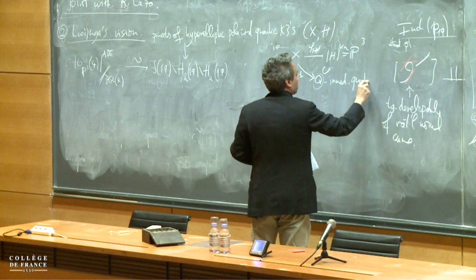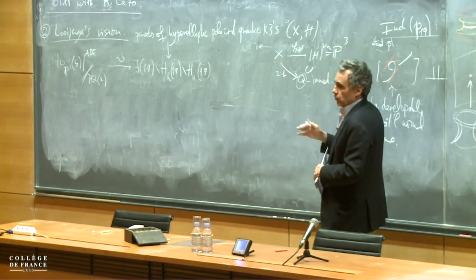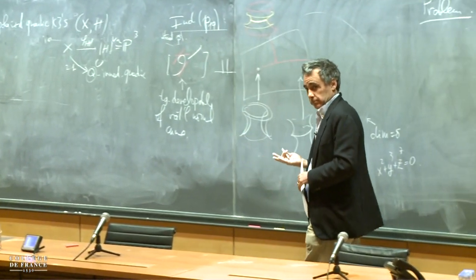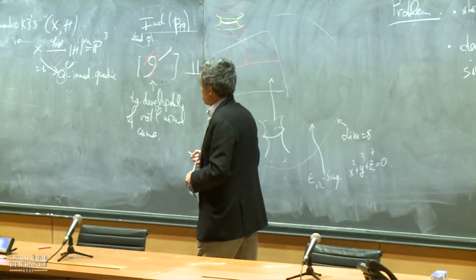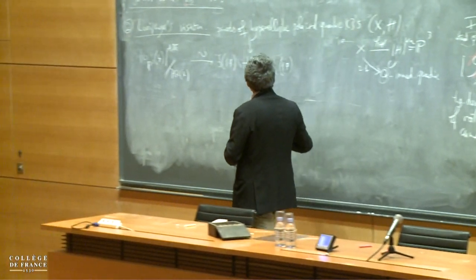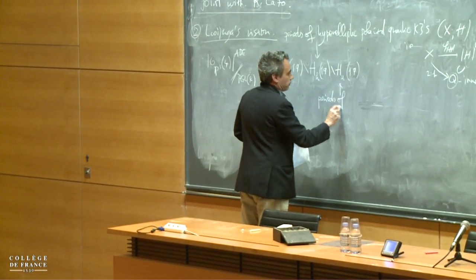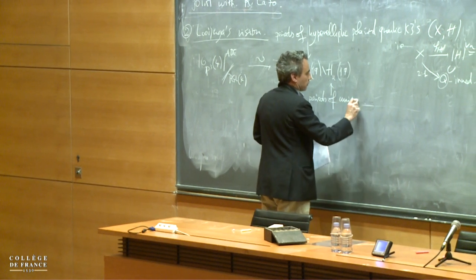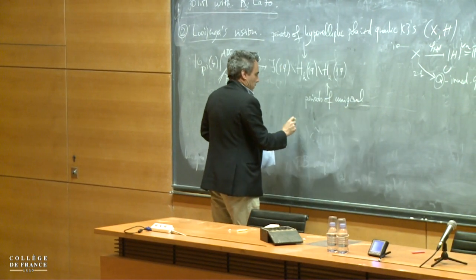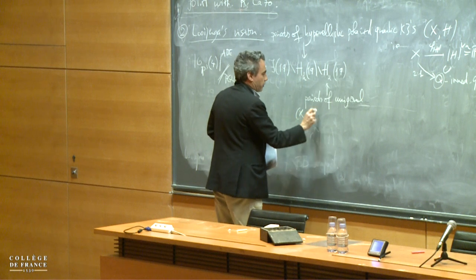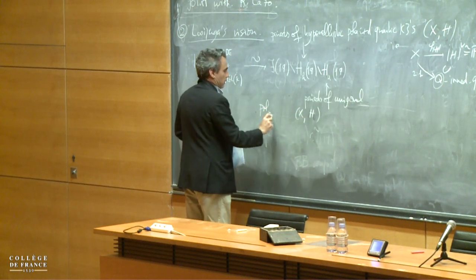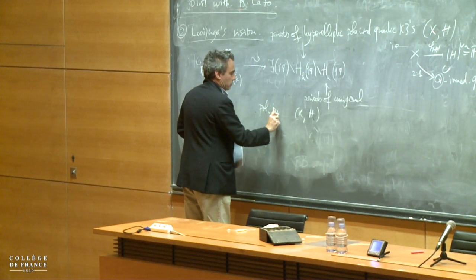Of course, it's irreducible, but it can be either smooth or a quadric cone. Both cases occur. Okay, and these are the periods of unigonal polarized quartic K3s.